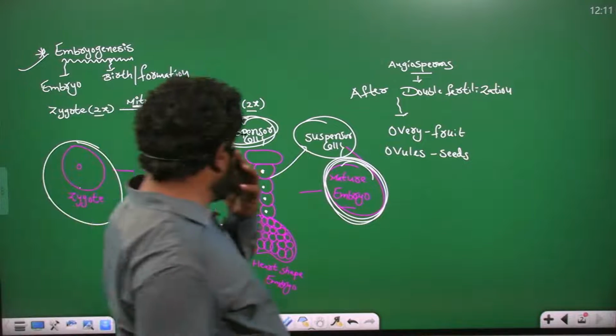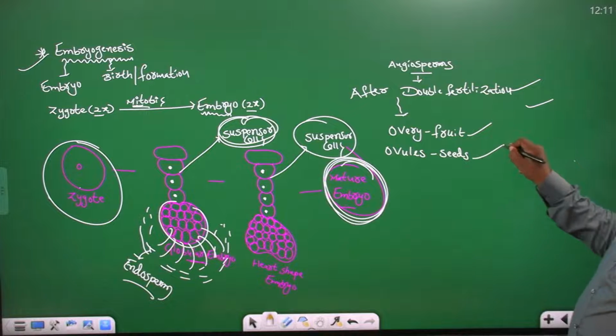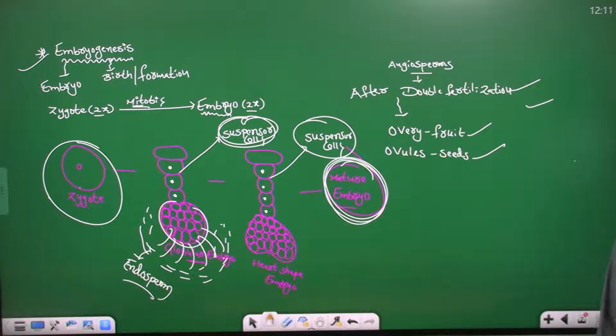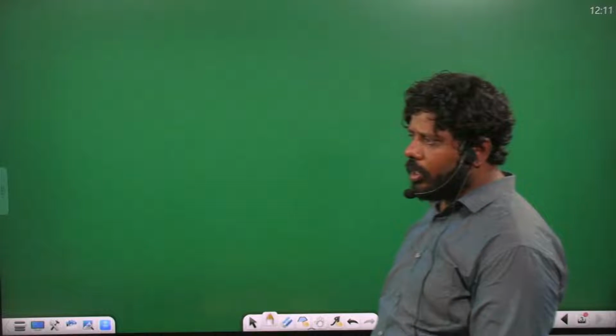See, listen, after the double fertilization, ovary developed into fruit, ovules are developed into seeds, we know. So come to the seed topic.